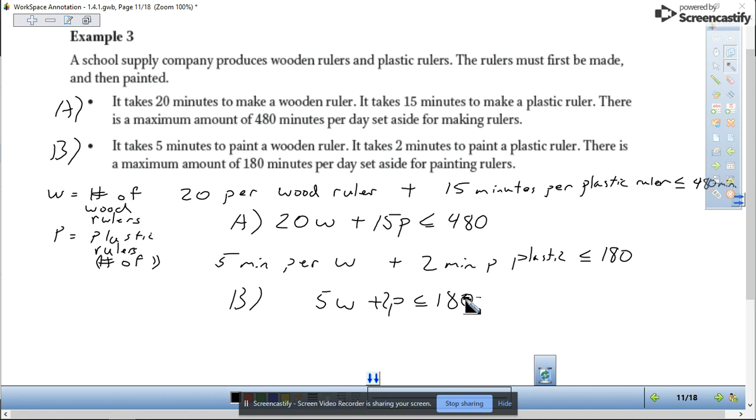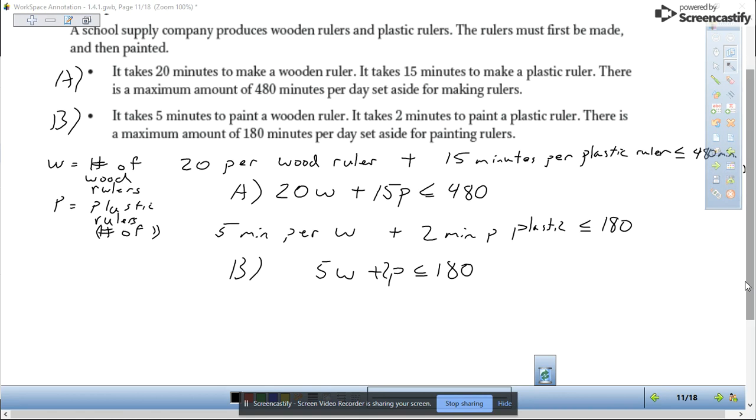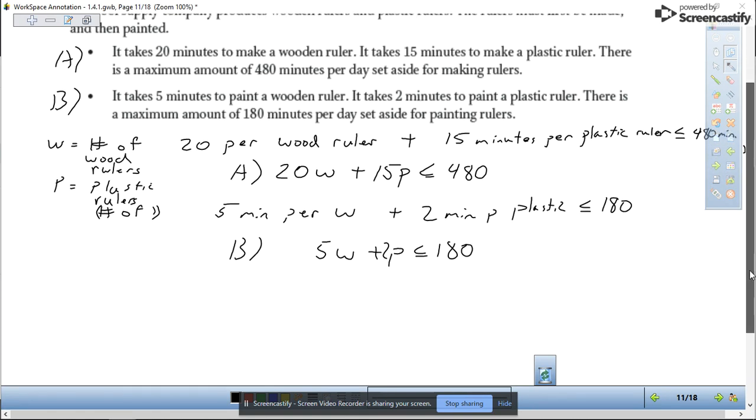Now, normally, I would tell you that we're done. But I want us to think about one other thing in the context of this particular problem. If we're a company and we're making something, what do the values for W and P both have to be? Think about it. You're making a product. So those numbers would have to be positive. You can't make a negative number of rulers.